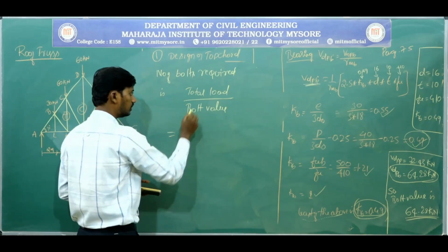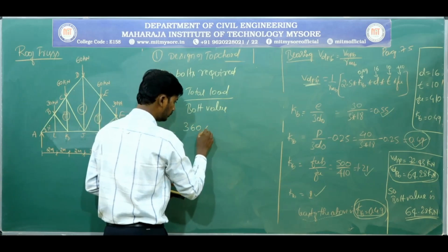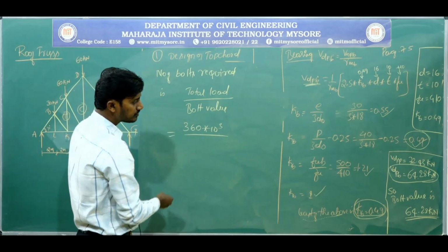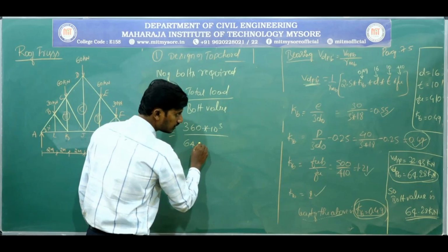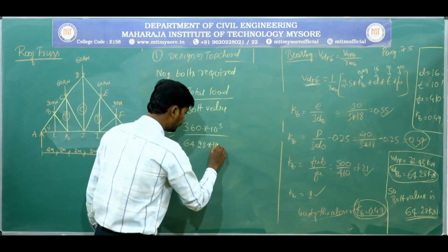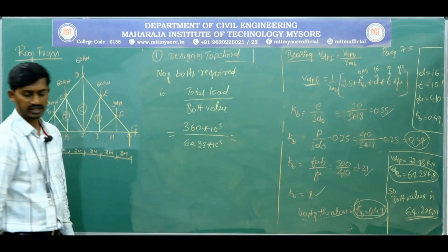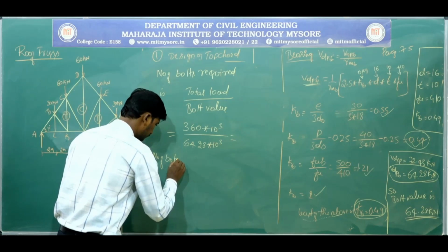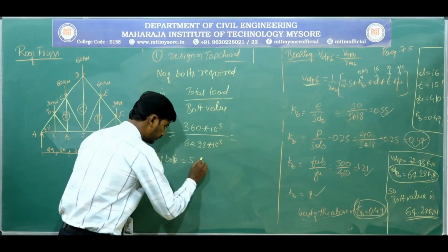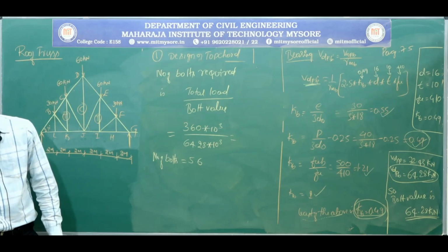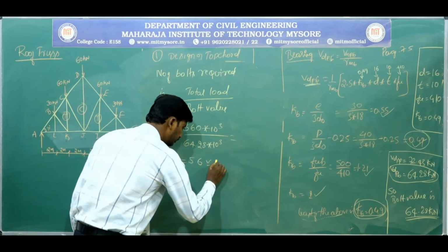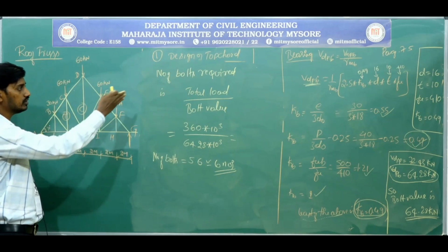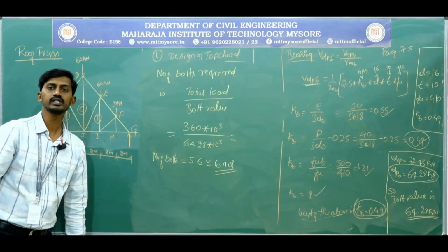So what is the factored load? 360 kilonewton, right? What is the bolt value? 64.28 into 10 power 3. If you solve this, we are going to get number of bolts 5.6. Let it be 6 bolts required for the 360 kilonewton load.